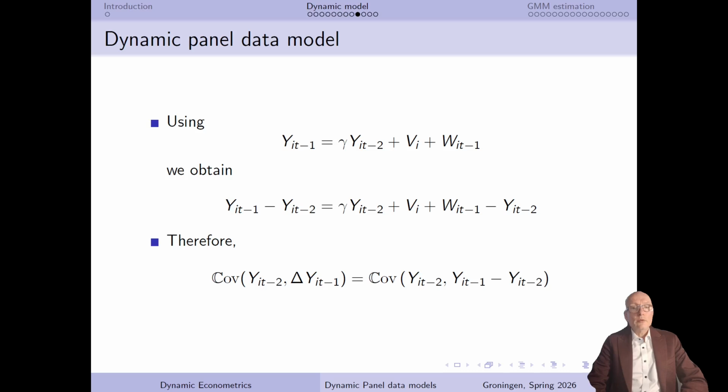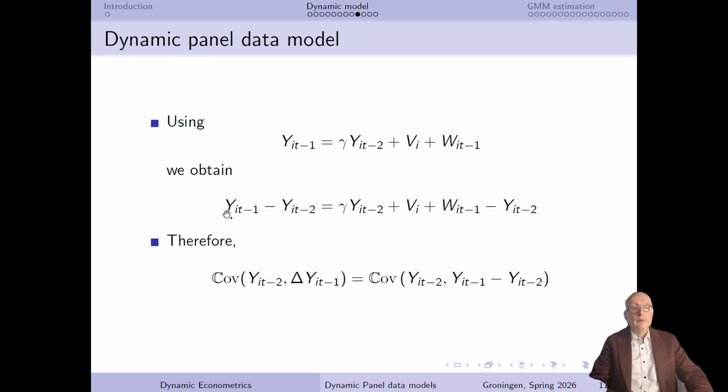Now let's go on to instrument relevance. We have already proven instrument exogeneity of y_{i,t-2}, but we still have to prove instrument relevance. What we already know is that our model is y_{it} = γ y_{i,t-1} + v_i + w_{it}. But we then also know that y_{i,t-1} = γ y_{i,t-2} + v_i + w_{i,t-1}.